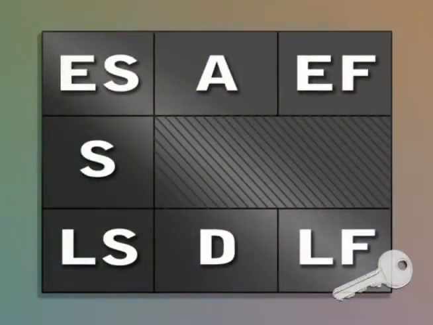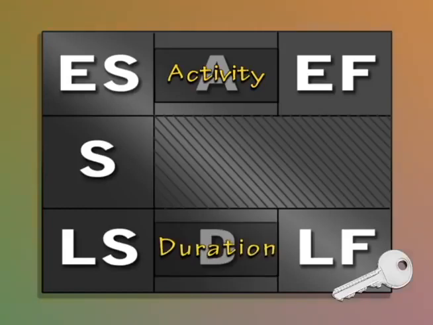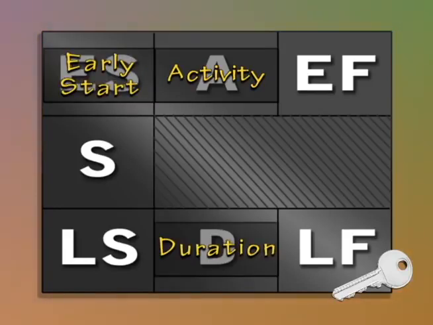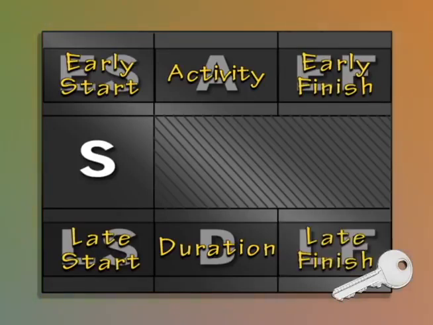We're going to use a method that's a little different than in your book. We're going to use this key. This key, if you'll notice in the center block, A represents activity, and down here D represents duration, whereas ES is early start, EF is early finish, LS late start, and LF late finish.